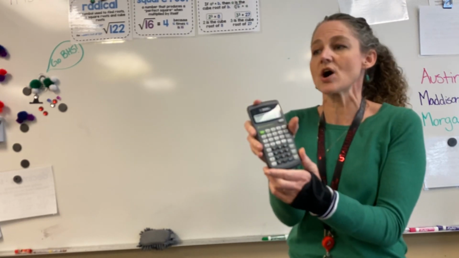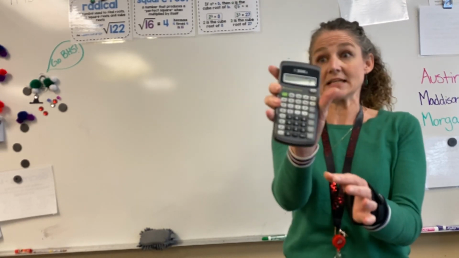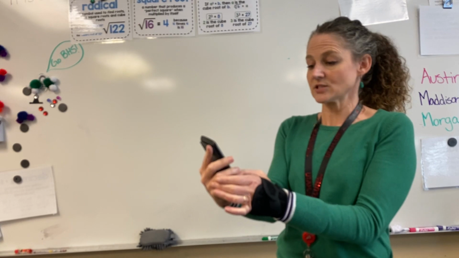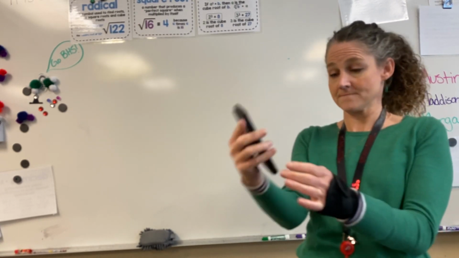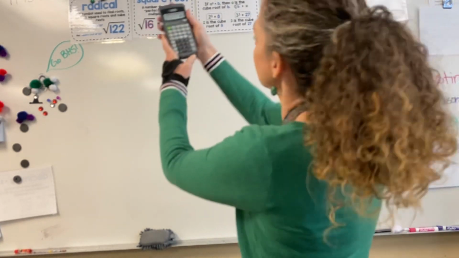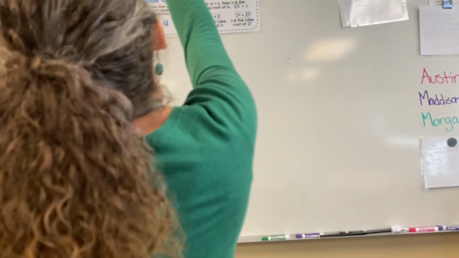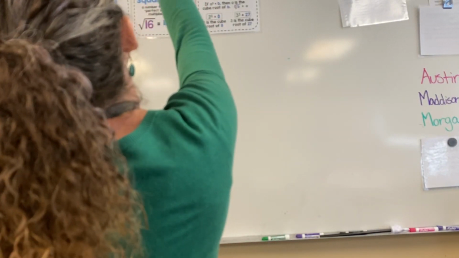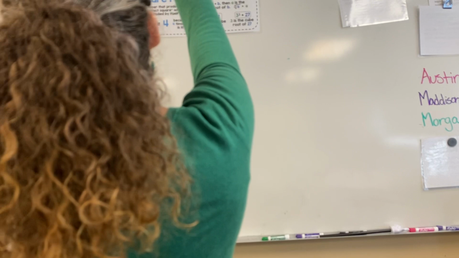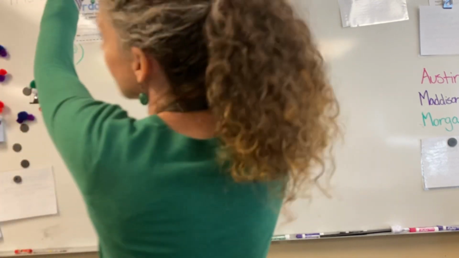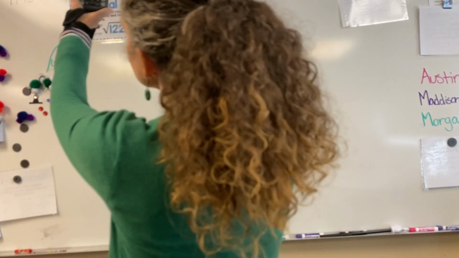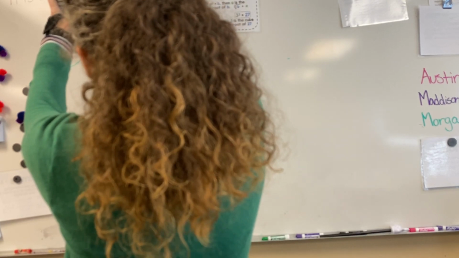Let's say I want to know the cubed root of 18. So I type in 18. There is a button right here that says y to the x. If you look above it in the light green, it says the x root of y. I hit the second button because I want that light green.